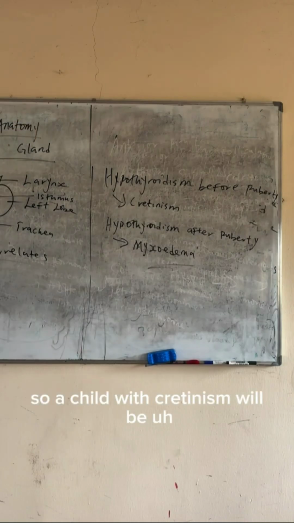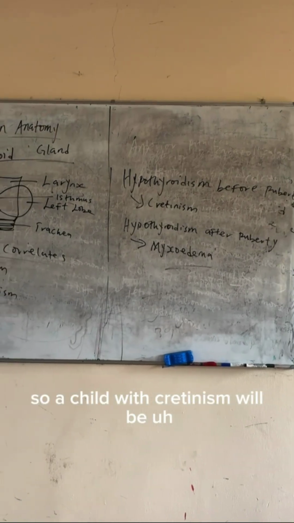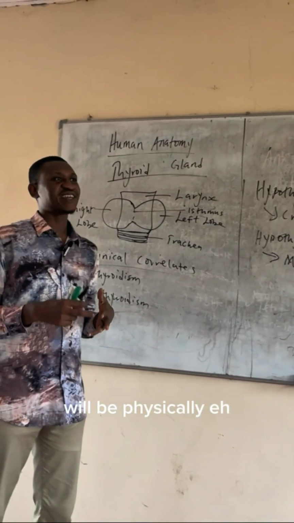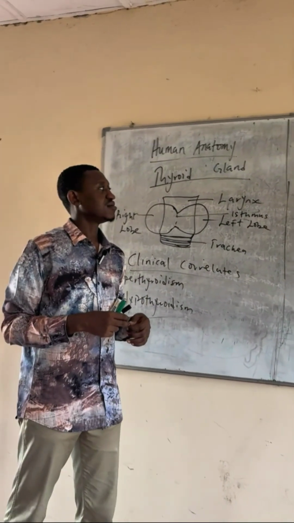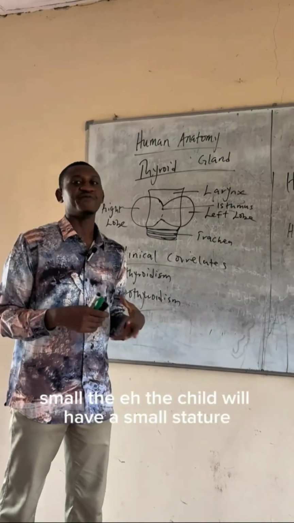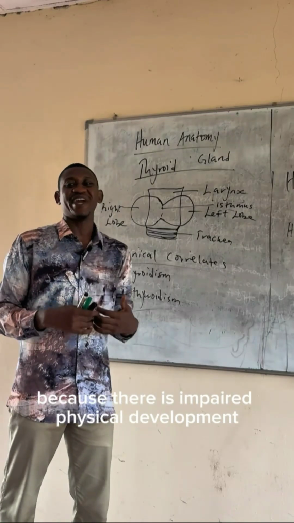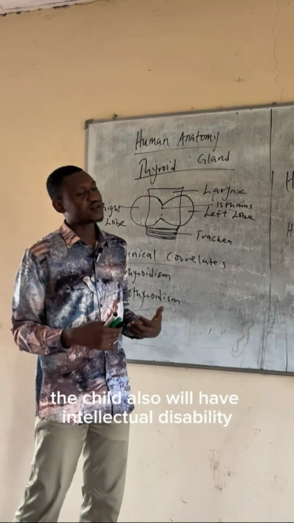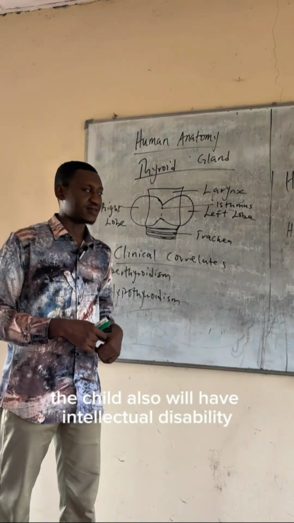A child with cretinism will be physically small. The child will have a small stature because there is impaired physical development, and will also have intellectual disability.